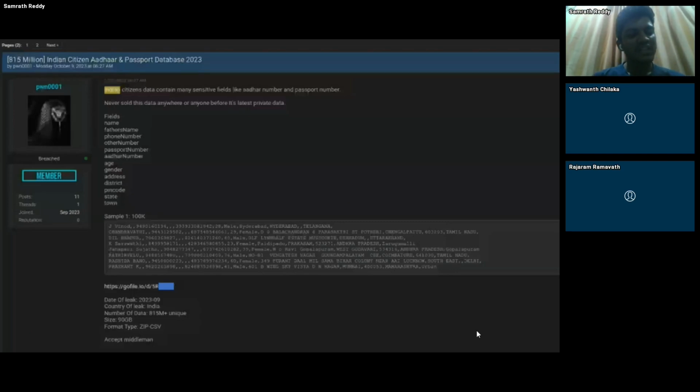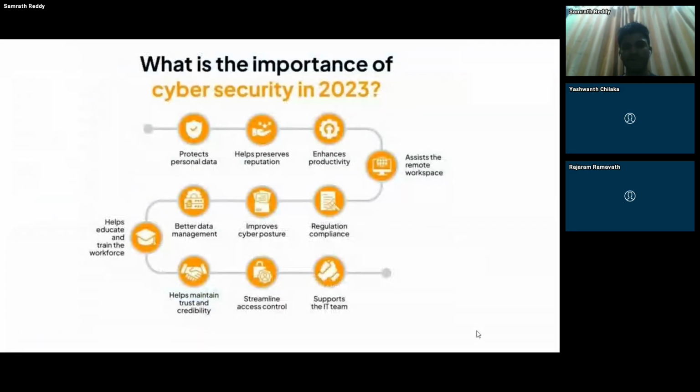The ransom demanded by the hacker is about 80,000 dollars, and it's our Indian database. You can see it's around 81.5 million records, and it includes fields like name, father's name, age, phone number, and even our Aadhaar number. It happened in the past month, I guess. The depth of this will be discussed in future.